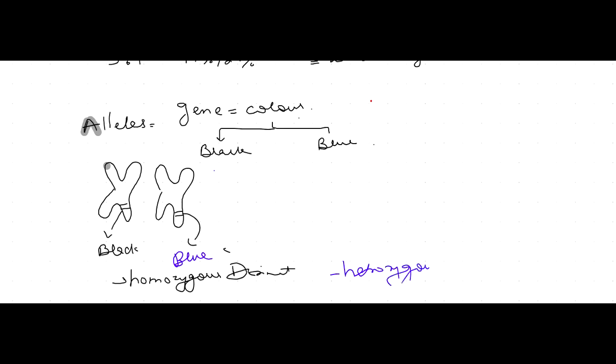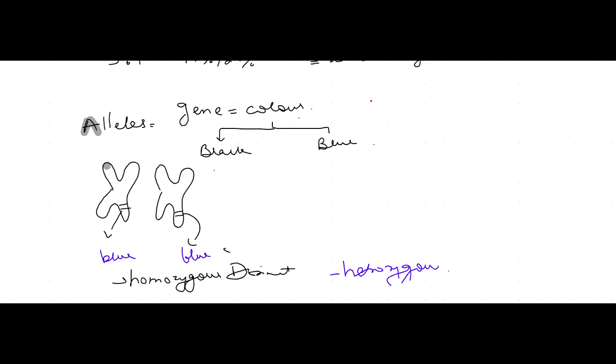And if both alleles are blue, that will be homozygous recessive. So that's what heterozygous and homozygous mean.